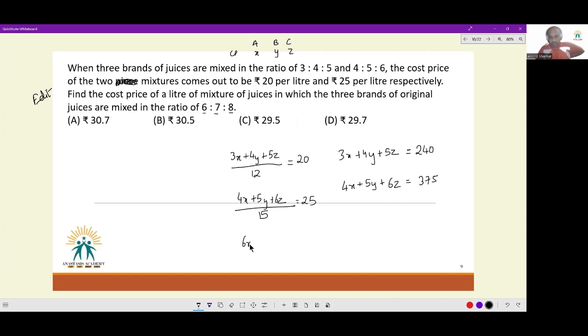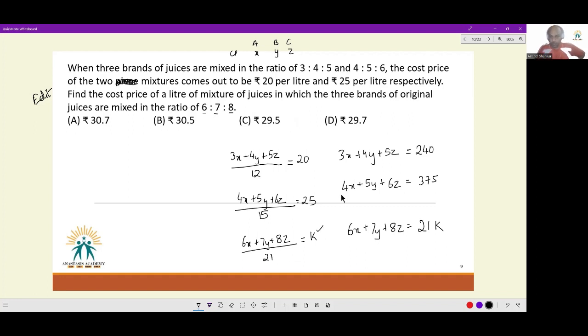Finally, what are we seeking? 6x plus 7y plus 8z divided by 21 is equal to, let's say, a variable k. This is what we're seeking. So finally, what we need is 6x plus 7y plus 8z equal to 21 times k. If we can get to a value of 6x plus 7y plus 8z, then we divide it by 21, we'll get to an average price.